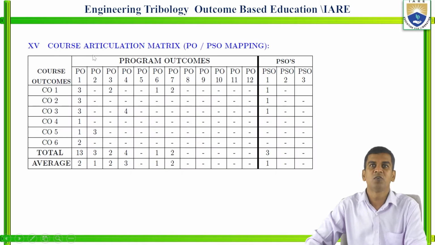Next, 15th one, course articulation matrix, PO and PSO mapping based upon the number of key competencies. Here 3, 3, 3, 3, 3, and total is 13.